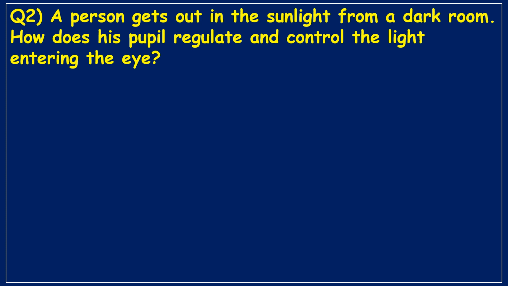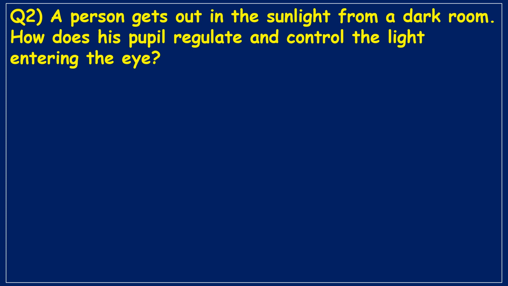That means the high intensity sunlight cannot be afforded by our eye, since our eye is very light sensitive. So our eye immediately tries to limit the light entering it.